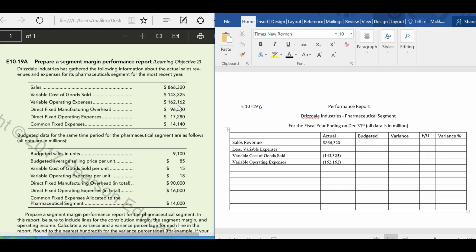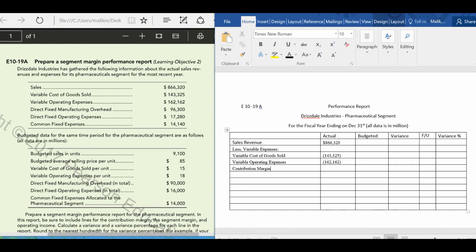It's given here: 162,162. So we are now subtracting these two variable items from our sales revenue, and this is how we get our contribution margin. If you have your calculator, you can calculate it.